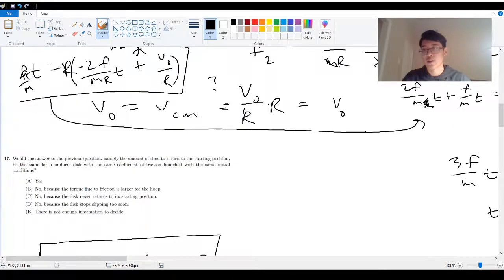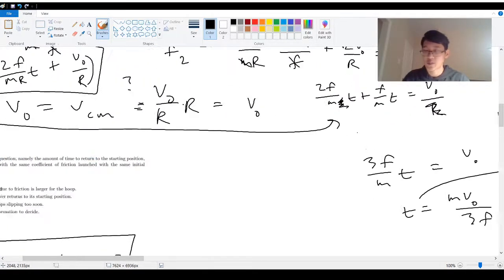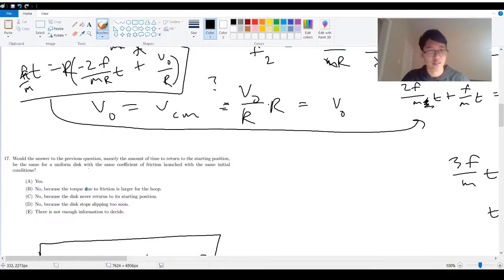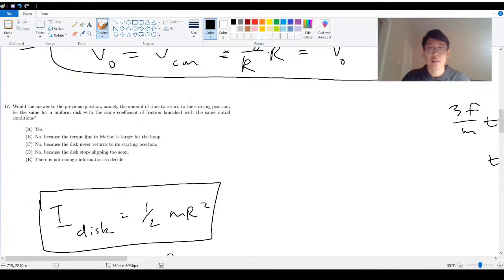We could go ahead and calculate exactly how much time it would take, but we don't need to, because the question doesn't require you to know exactly how much time, but just asks would it be the same. So the answer obviously is not that it will be the same, because it stops accelerating.